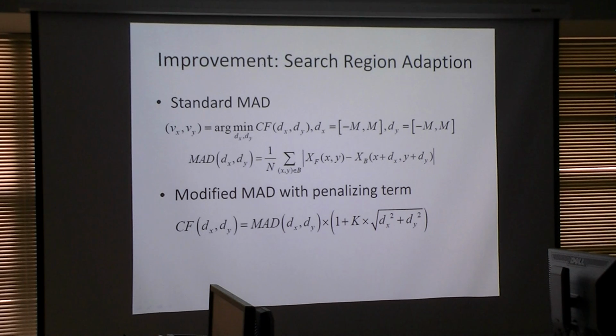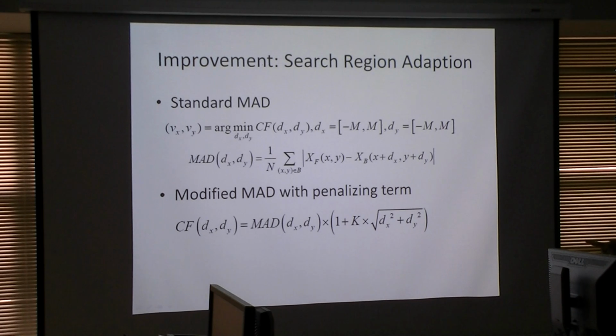We just add some penalty terms, and there's a constant k to control the weight of the penalty term. In this case, we can use a very large search region, but we can make sure the finding is not far away from the original point.